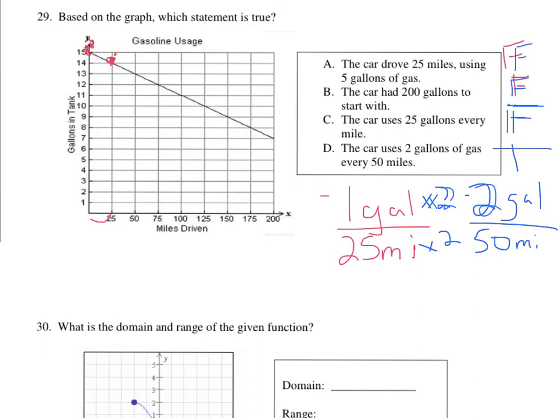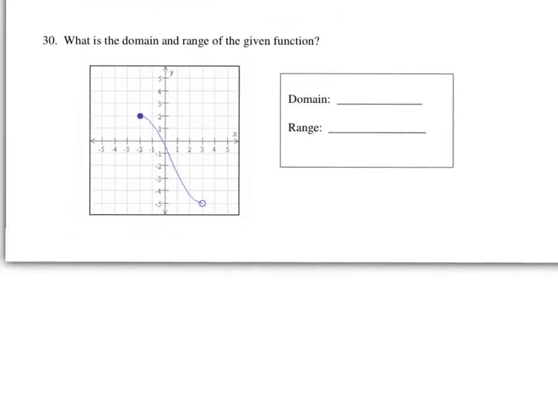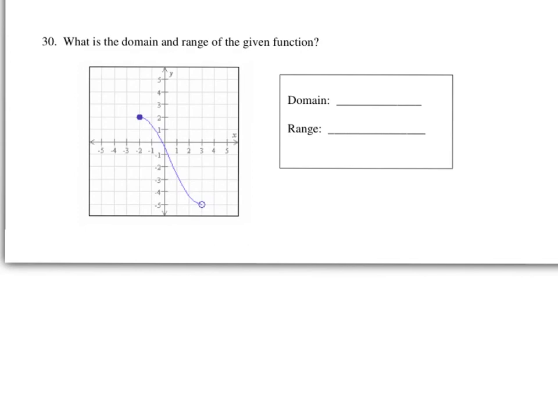Okay. All right, number 30. What is the domain and range of the given function? Okay, we are going to draw a box around our image. And then we're going to look for the domain, the x values. So the image stretches from -2 to +3.